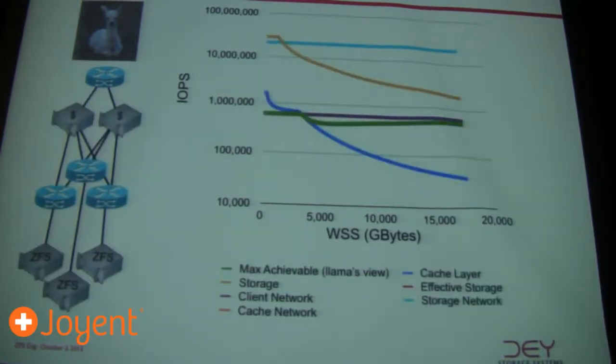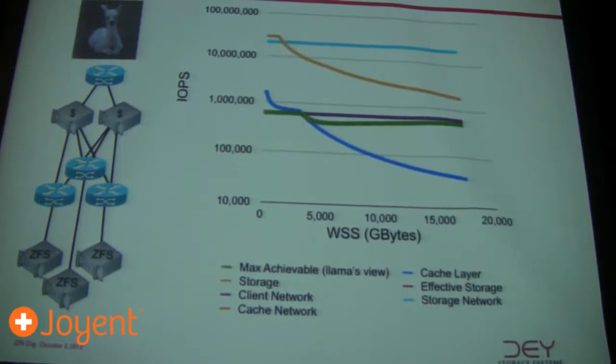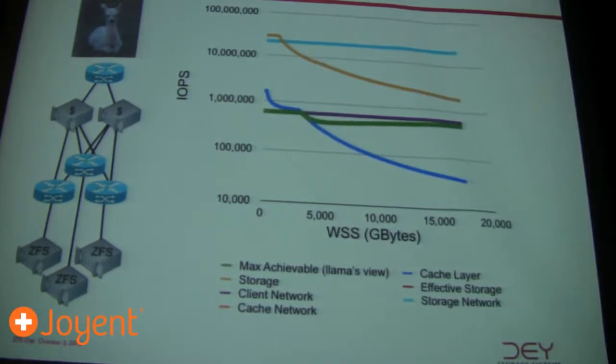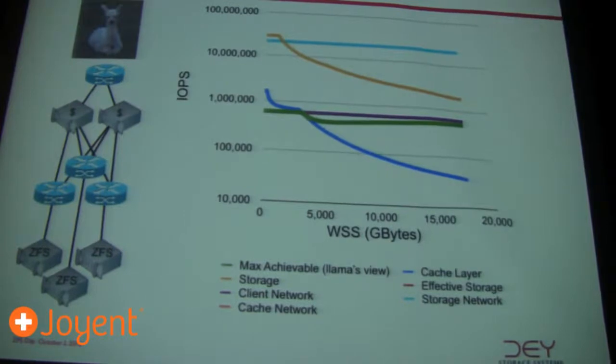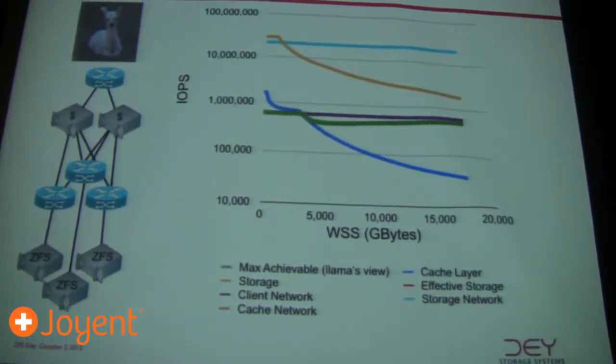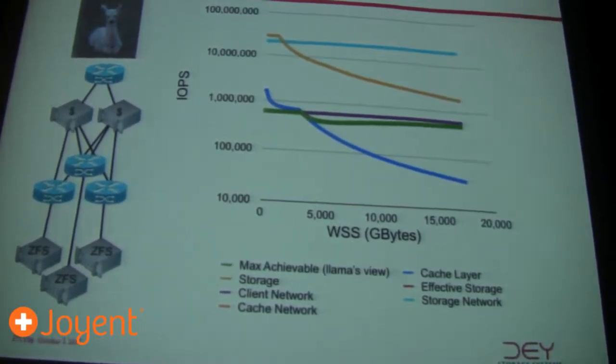This one's a lot more complicated. In this case, my llama's view has networks, of course. Then I've got a caching layer, and that caching layer has the same sort of level 1, level 2, level 3 mode. When at the caching level, level 3 says go off to the ZFS storage on the back side, which incidentally is on the other end of another set of networks. And what does that look like?